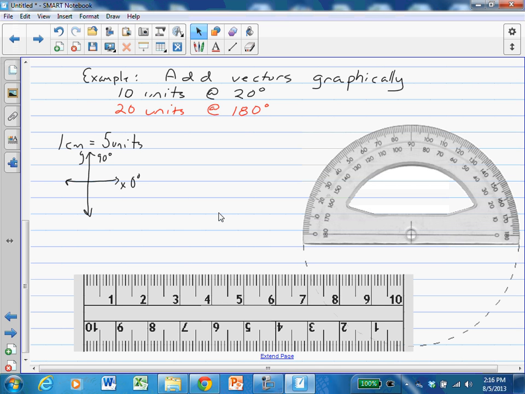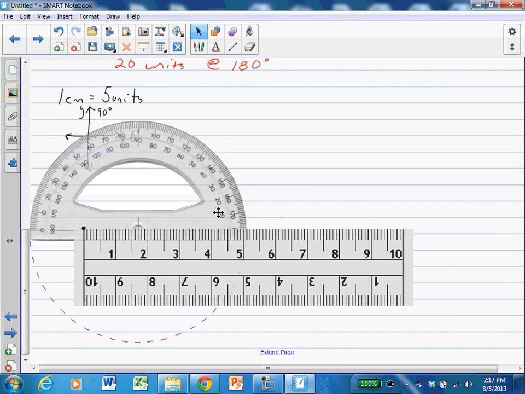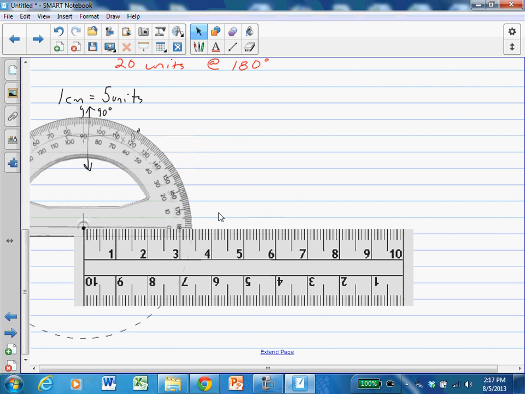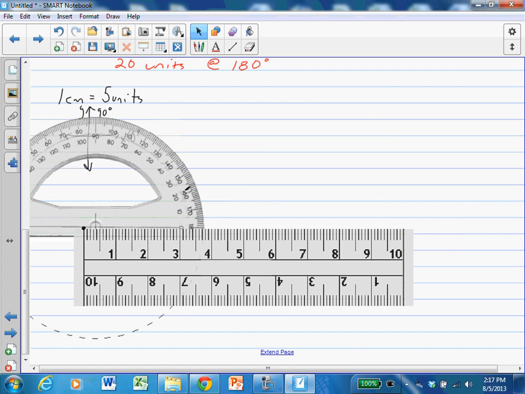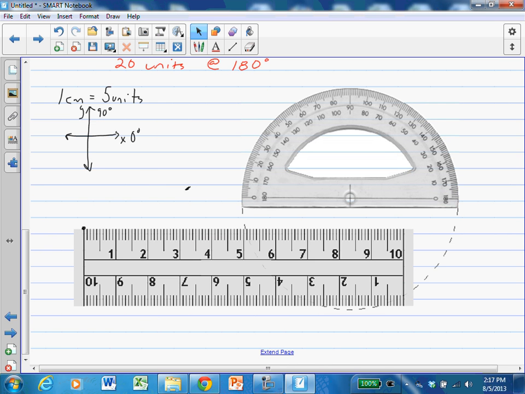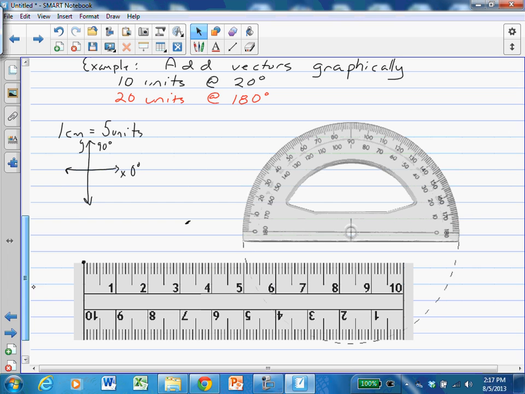I'll have an origin, say, right here at the start of my ruler, and 10 units at 20 degrees. So we bring this over, line up that, and mark off the 20, 10, 20 degrees. Now, 10 units, if 1 centimeter is 5 units, is going to be 2 centimeters.